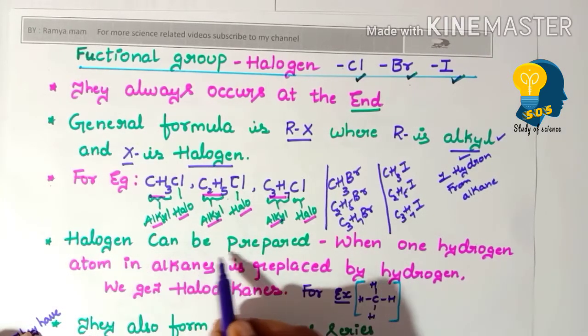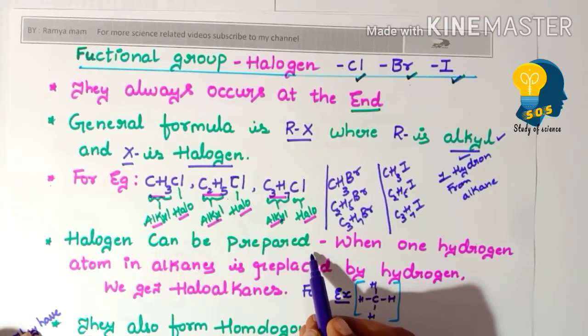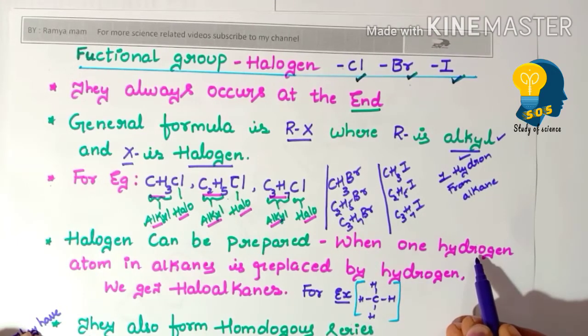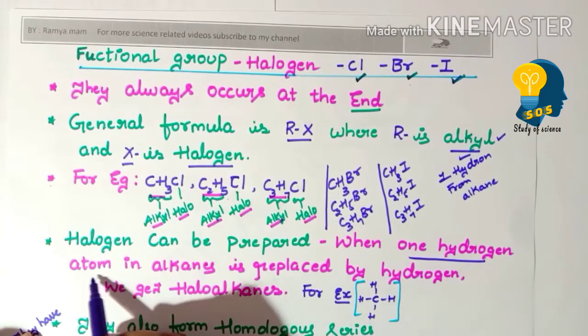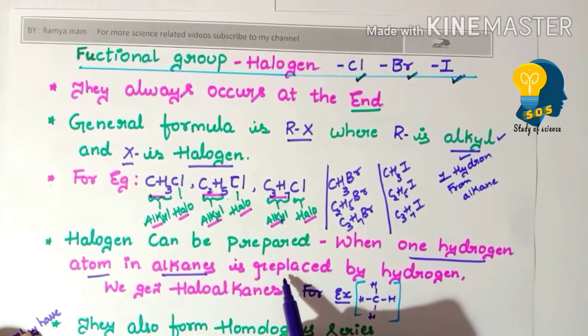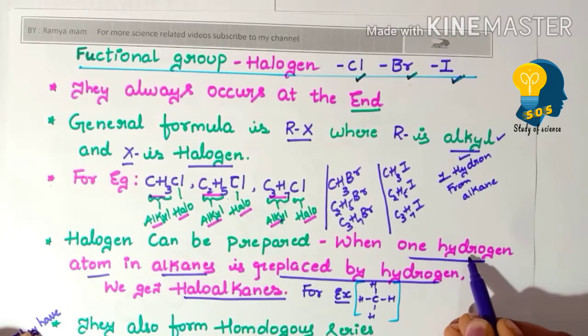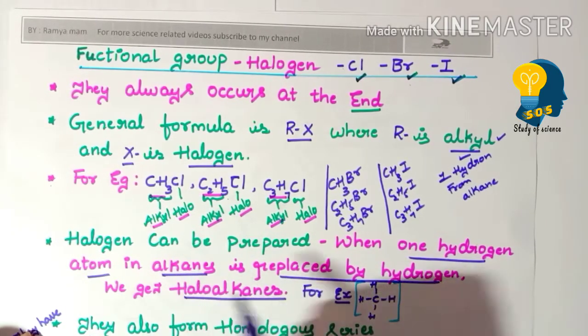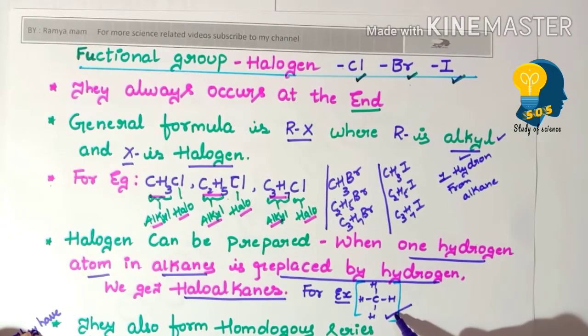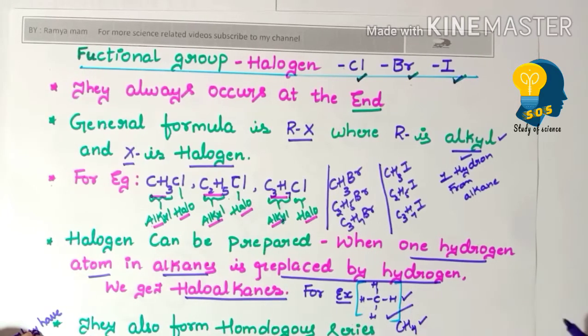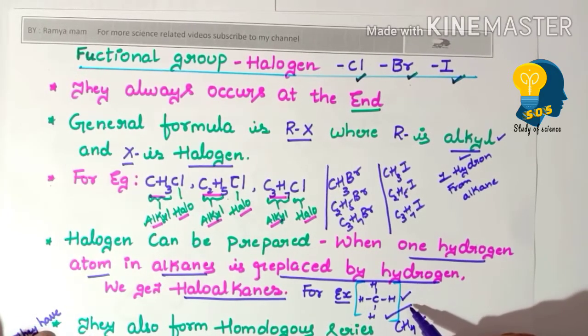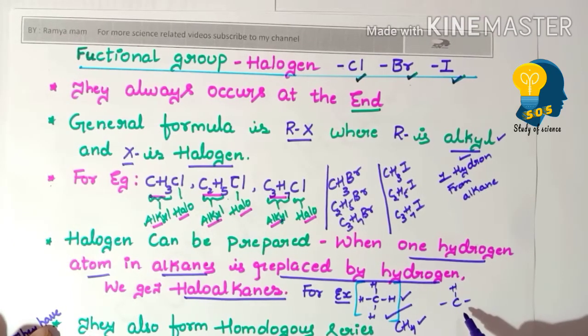these halogens can be prepared by removing one hydrogen. When we remove one hydrogen atom from the alkane and replace it by a halogen, we get haloalkanes. Very important. Look at this. This is our alkane, CH4, right? This is the molecular formula. This is the structural formula. Let me write this again.